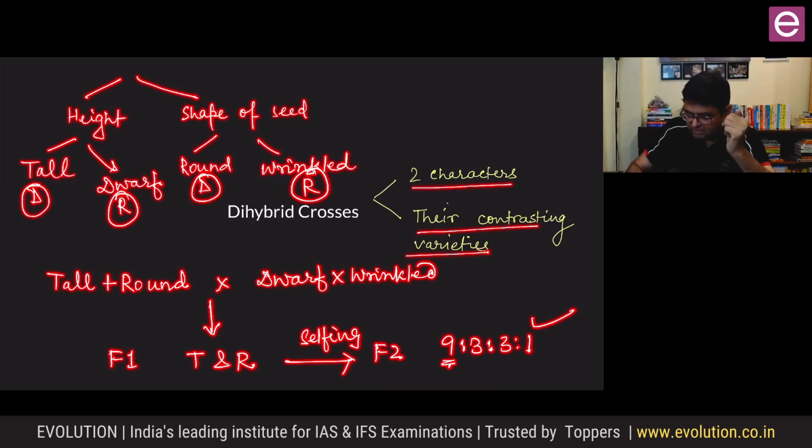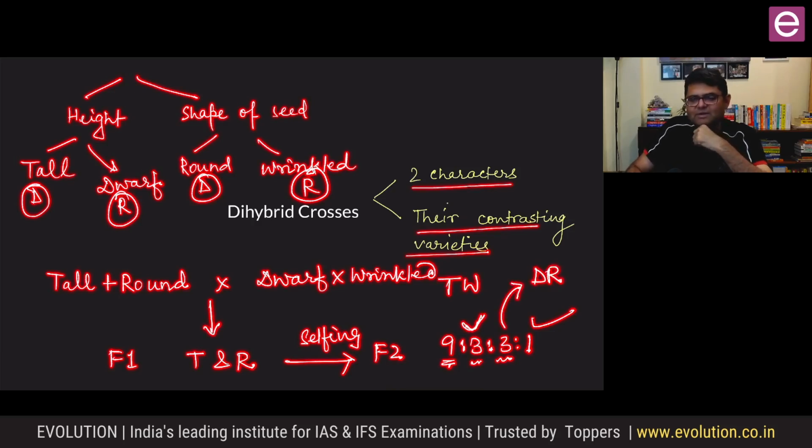But these were unique ones. So these 3 out of 16, 16 is what? 9 plus 3, 12, plus 3, 15, plus 1 is 16. This one is recombinant because here the plant is tall but the seed is wrinkled. And this is also recombinant because the plant is dwarf but the seed is round.